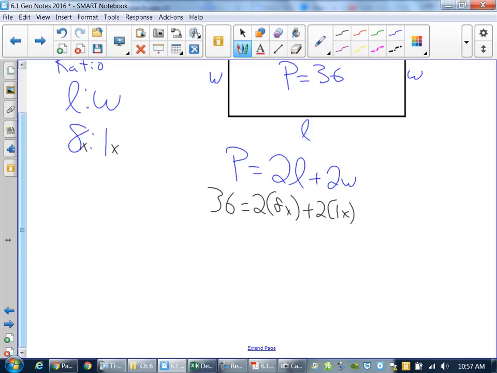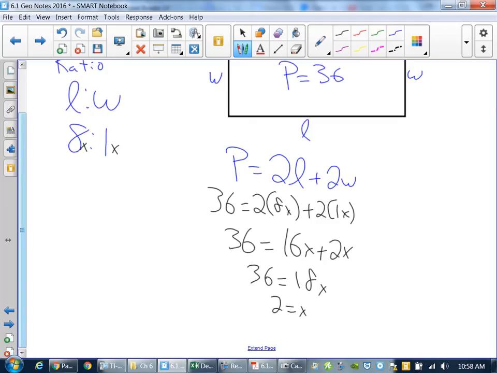What's 2 times 8? 16. And what's 2 times 1? 2. So you get 36 is 16x plus 2x. What's x? 2. How? Because 16x plus 2x is 18, and 36 divided by 18 is 2.